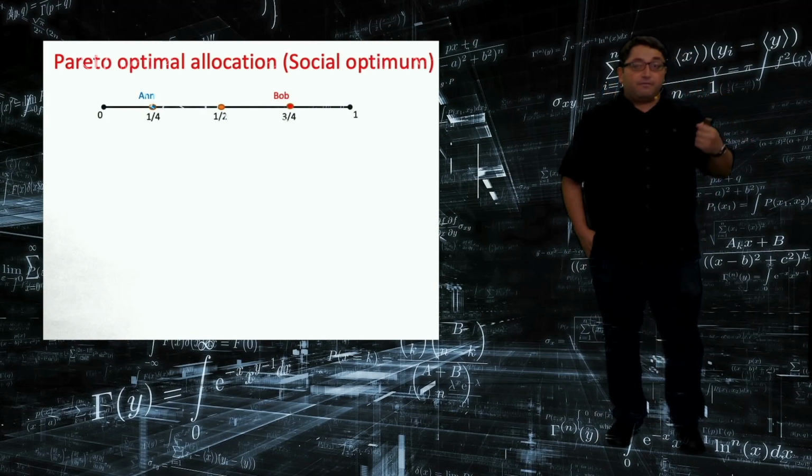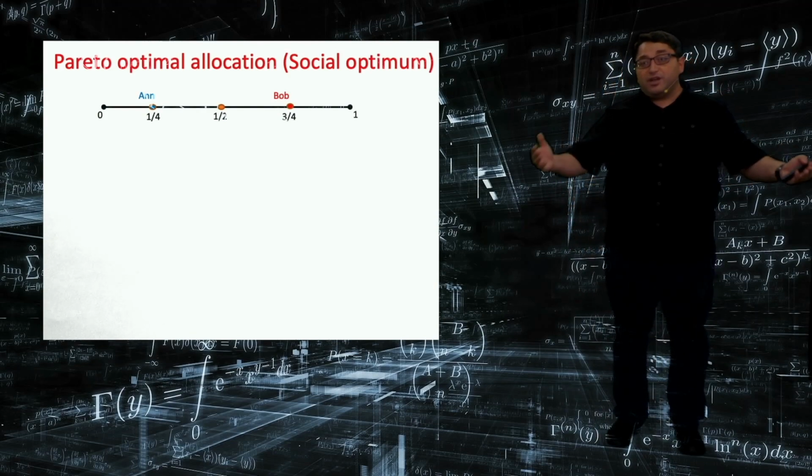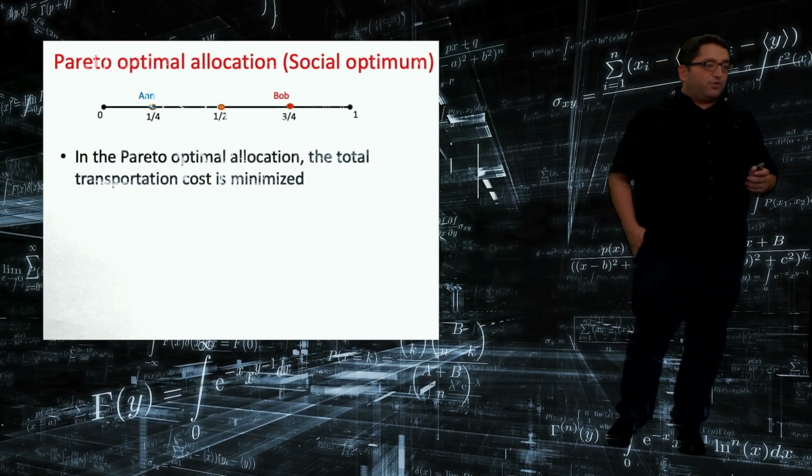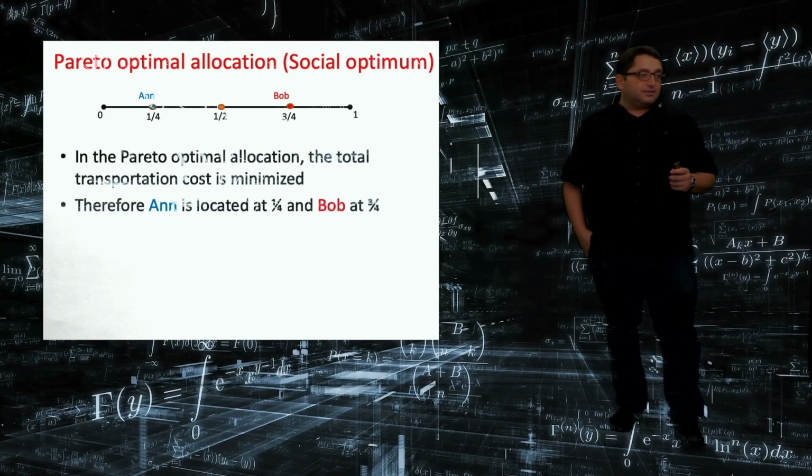So we could have another configuration where they are sharing the market equally, but the transportation is minimized, and that would be one of the sellers at 250, the 1/4 point, and the other at 750, the 3/4 point. That's the social optimum in which the transportation cost is minimized.